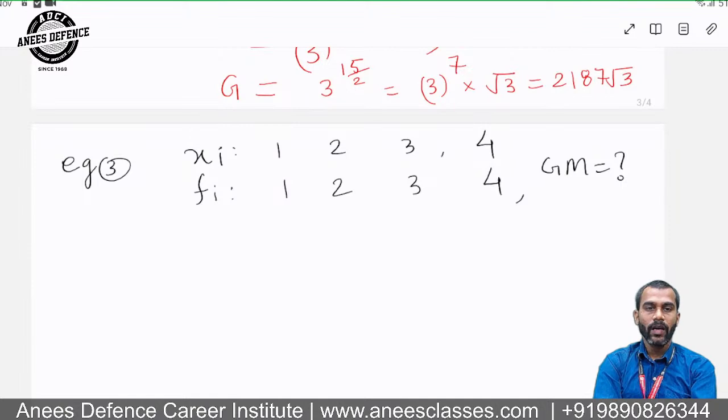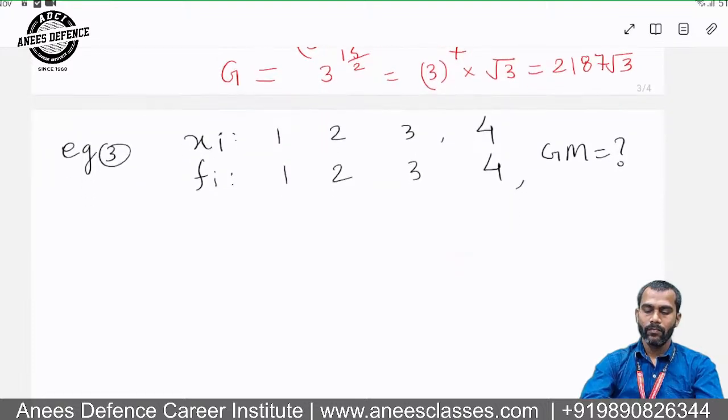So xi means observations are 1, 2, 3, 4, and respective frequencies are 1, 2, 3, 4. Apply the second formula. Yes, anyone?